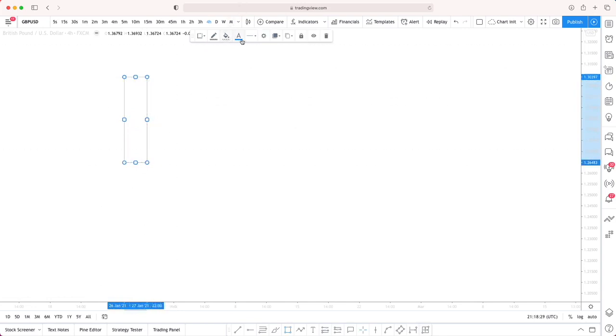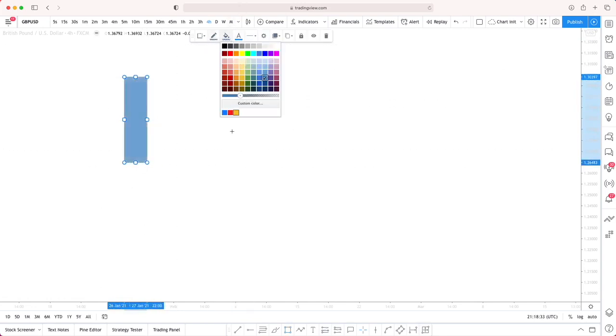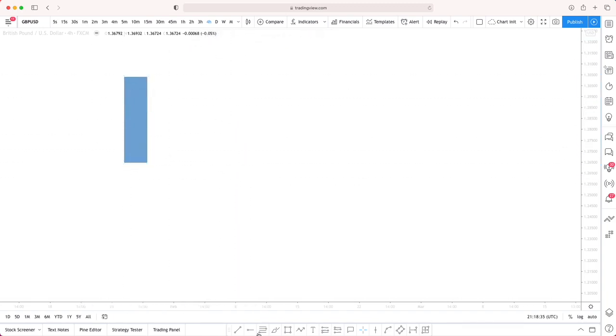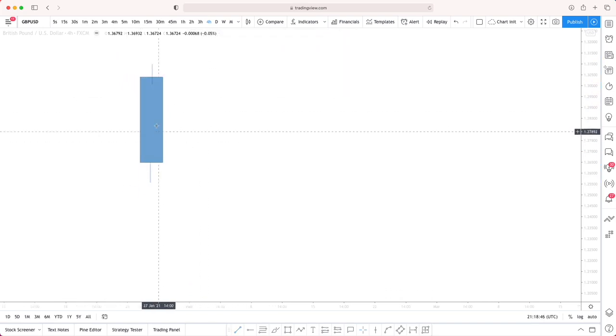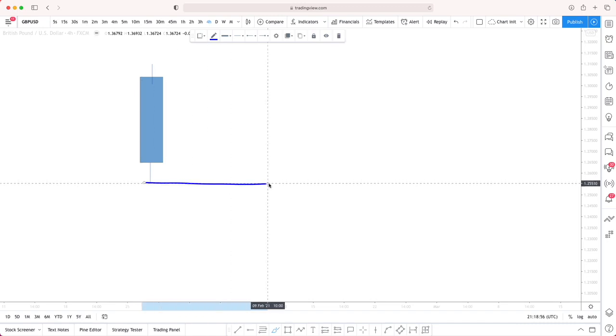Say we've got the OB sitting here. Let me draw the wicks. In order to actually enter from an OB, you have two points. The first point is you can use the open, which is from here, as your entry.